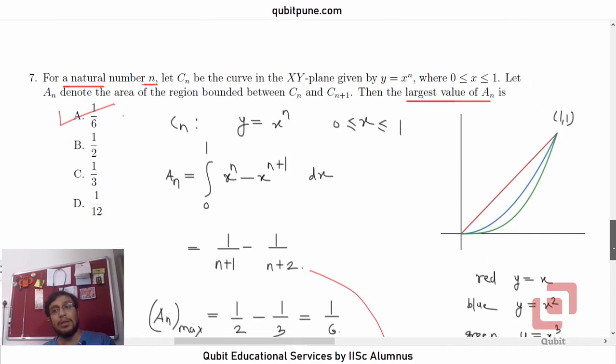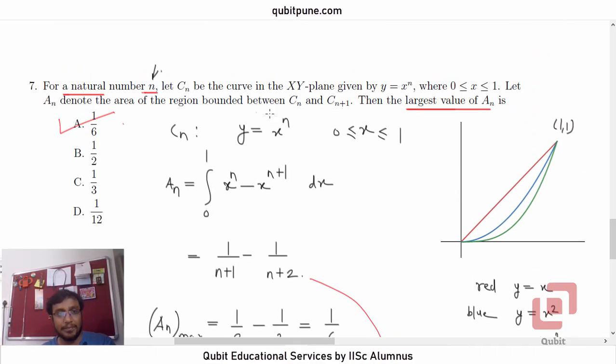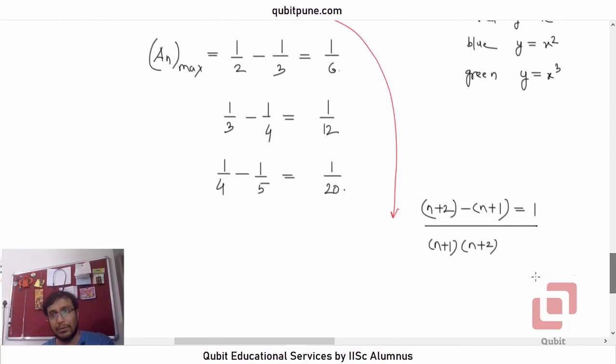N smallest is n equal to 1, being a natural number. So our answer is right, because this is largest when n is equal to 1.